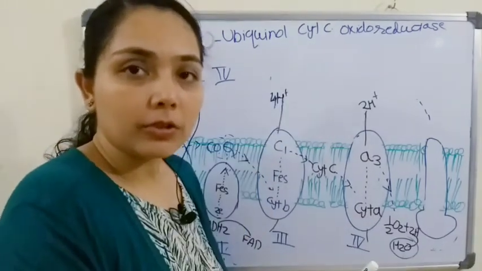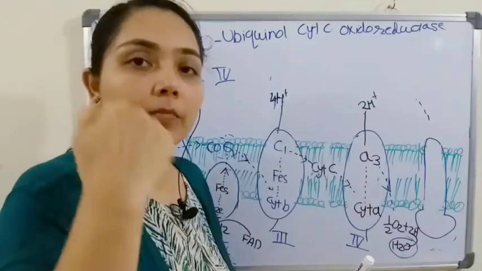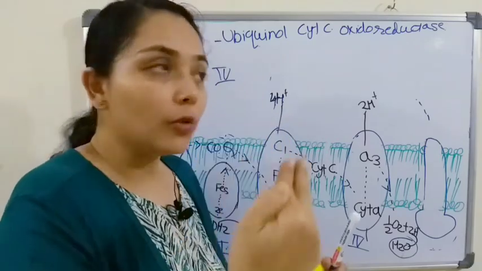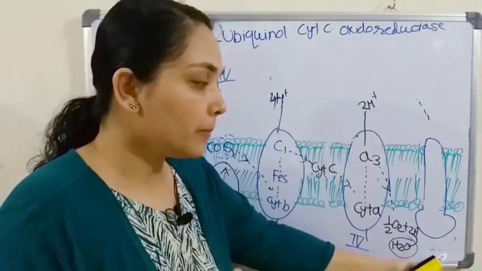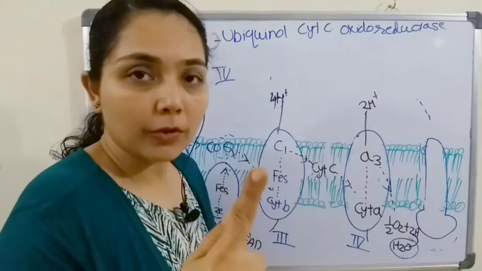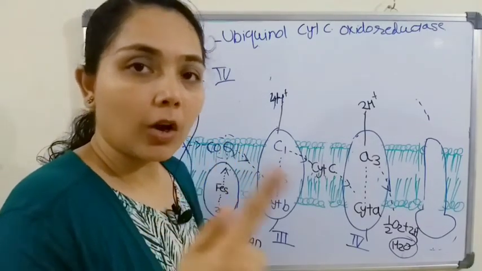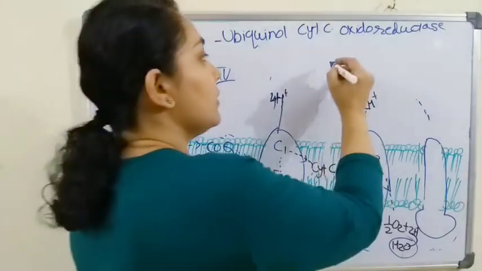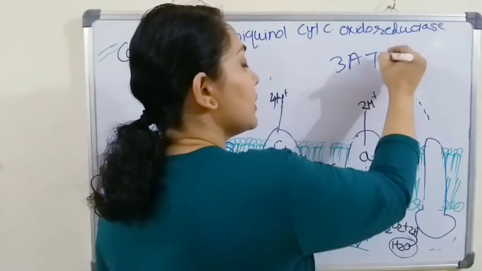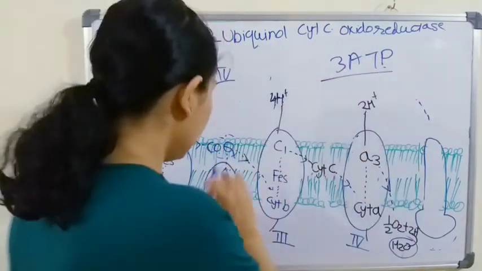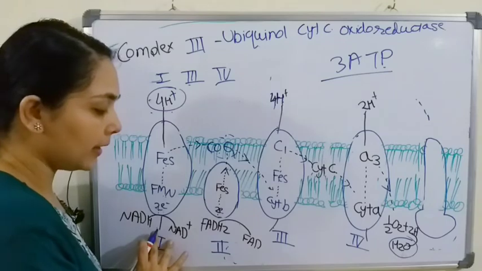And when 3 protons move from the intermembrane space to the matrix region, 1 ATP molecule is generated. So out of 10 protons, 3 ATP will generate during the transfer of electrons from NADH.